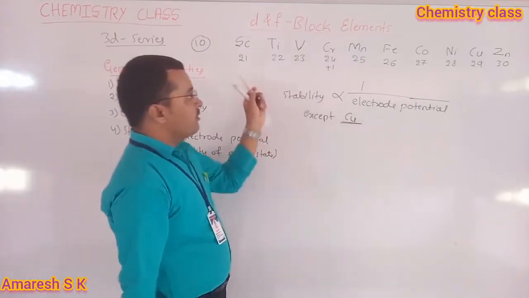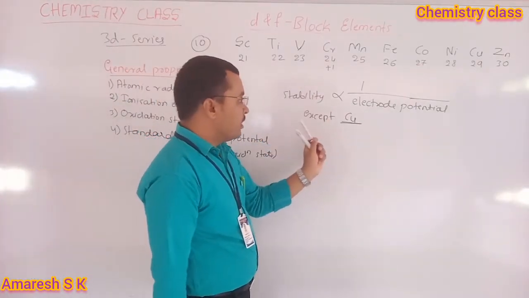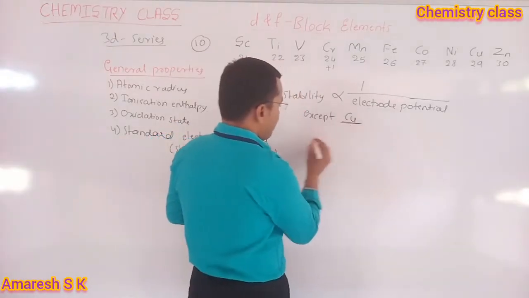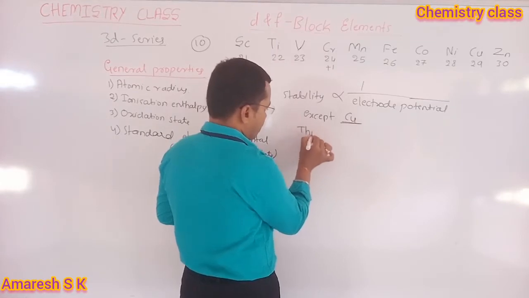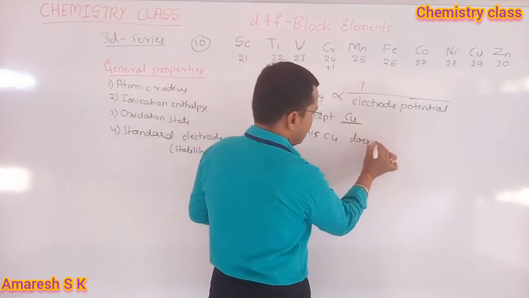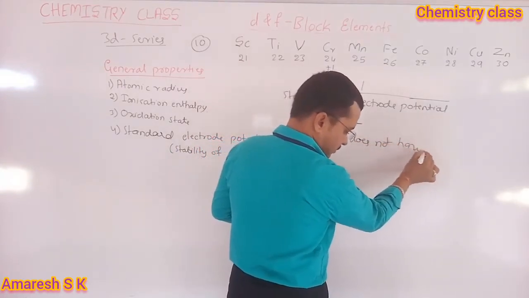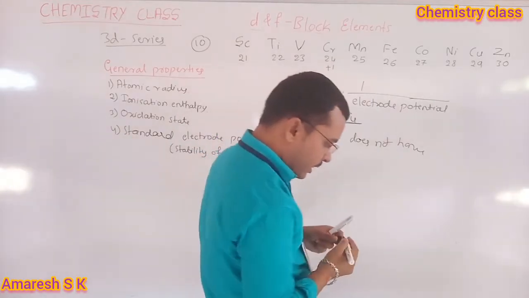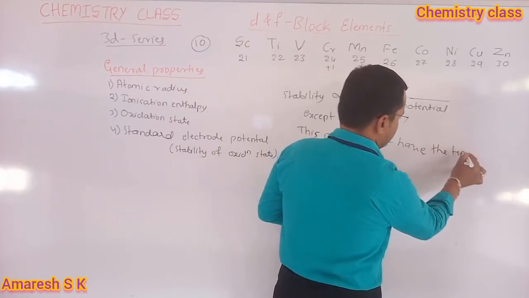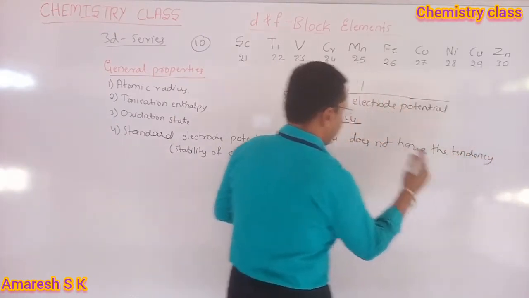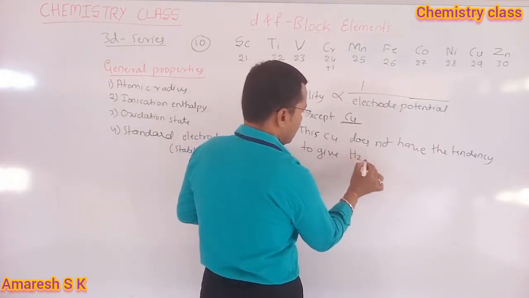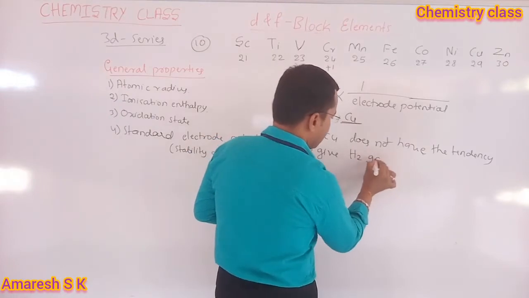All the elements of the 3D series are less stable due to the higher electrode potential, except copper, because this copper does not have the tendency to give H2, or hydrogen gas.